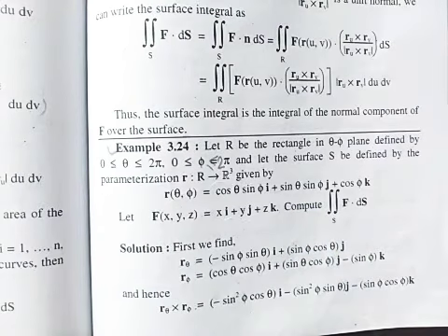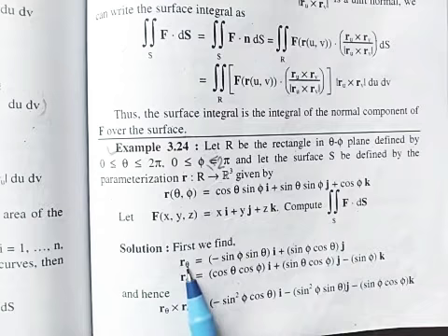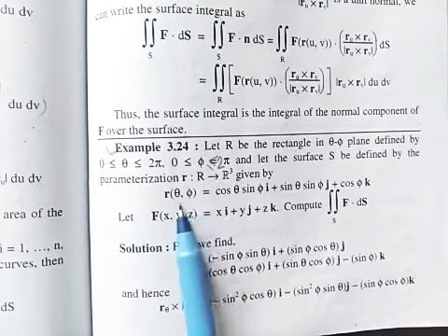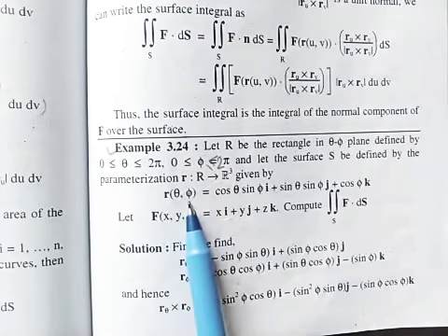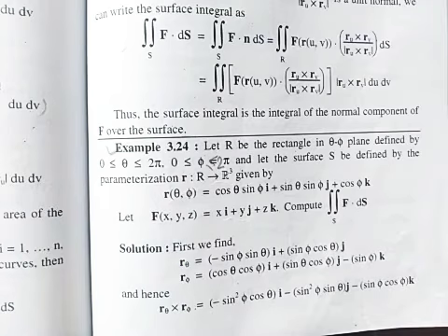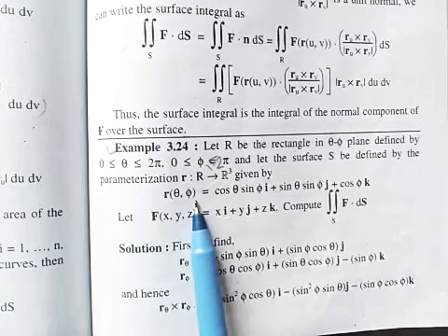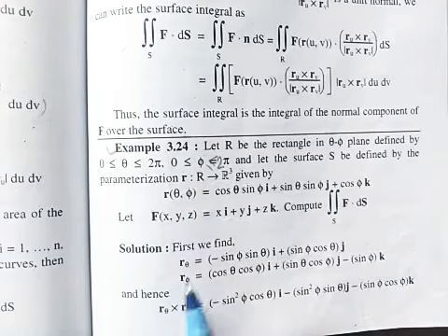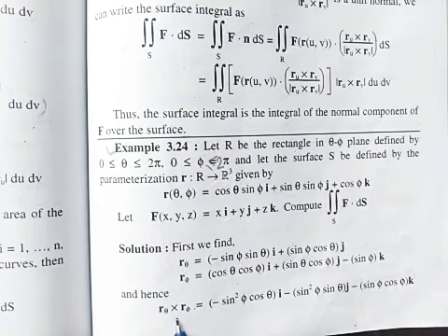For that, what do we require? Now this parameterization is in theta and phi. In the formula we have seen ru cross rv, where u, v was there, now here theta and phi are present. So for that we will calculate r theta, r phi, take their cross product, and then calculate the modulus of r theta cross r phi.